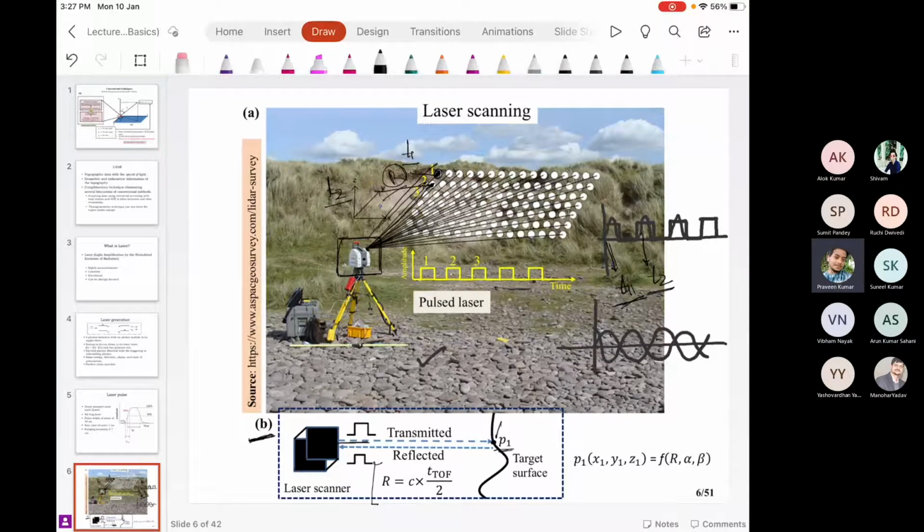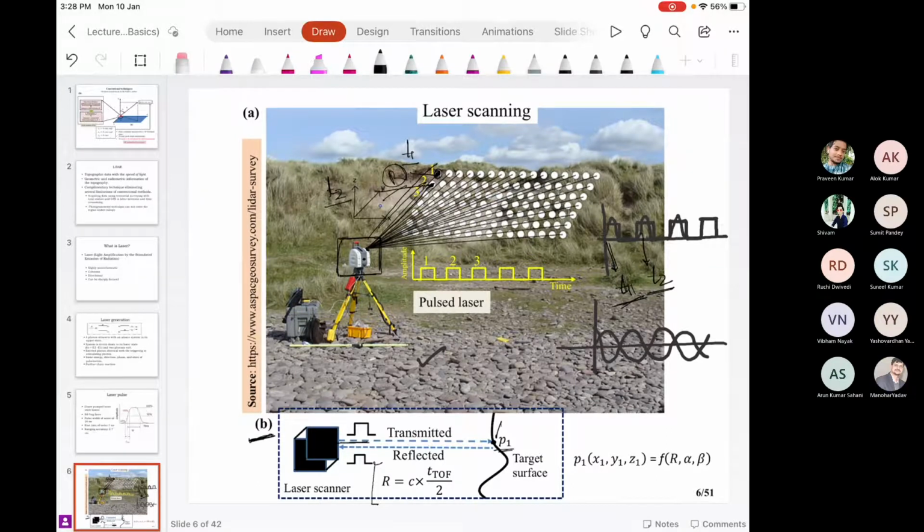Sir, I don't know the range. So what have you understood in the discussion that we had previously and now? What is the range here? Actually sir, today is our first lecture. Okay, fine. So be continuous in the class, don't skip the classes. Yeah, Arun. Sorry sir, I had a network issue so I rejoined. That is fine, no issue. Just tell me how the range is calculated over here.